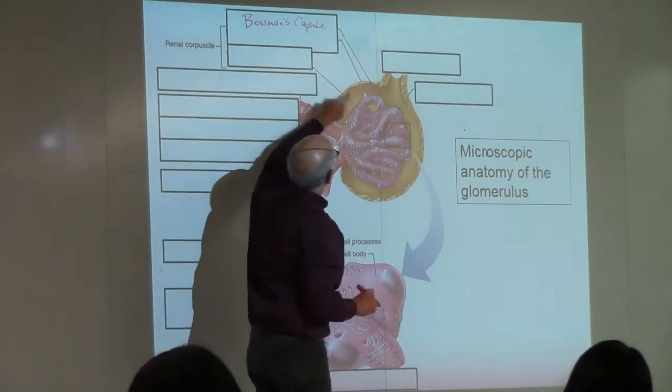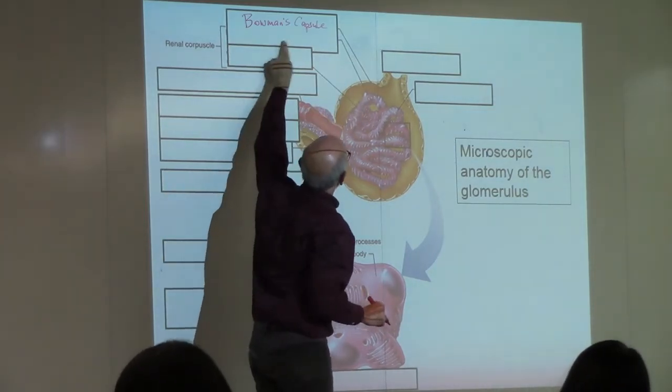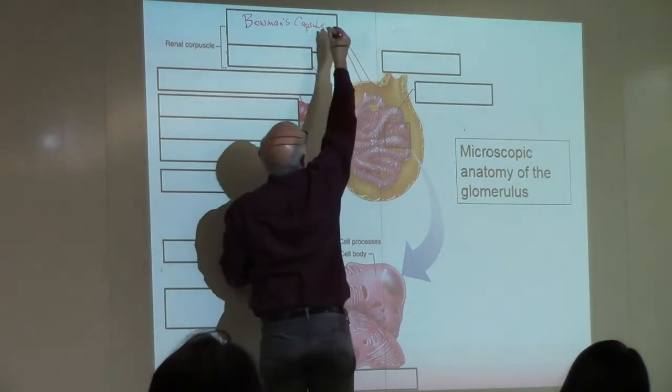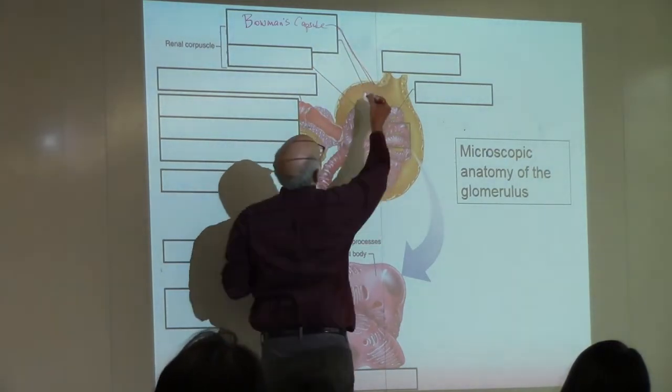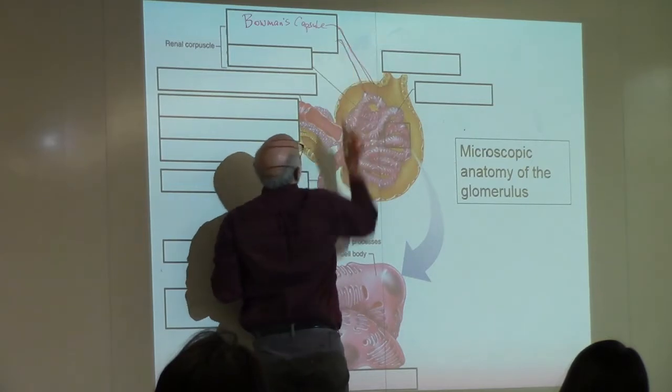Well, since there are two lines coming out of this box, this is Bowman's capsule. Somebody want to volunteer what that line is pointing to?